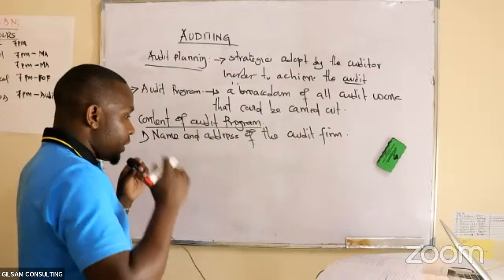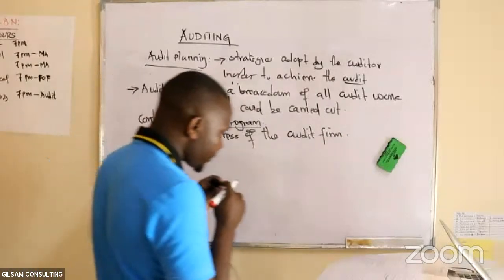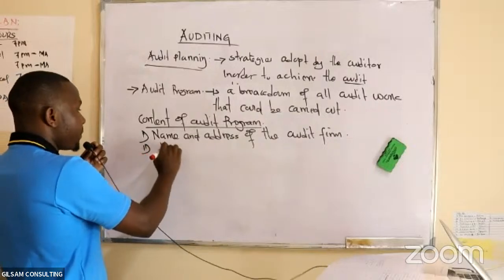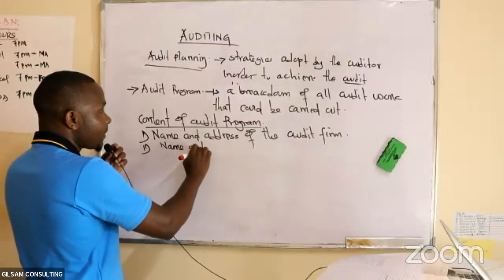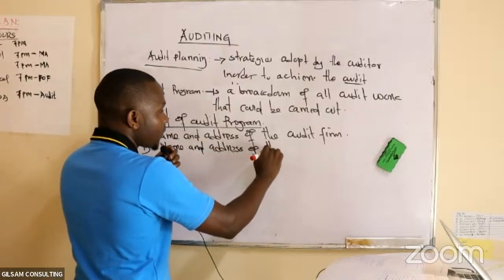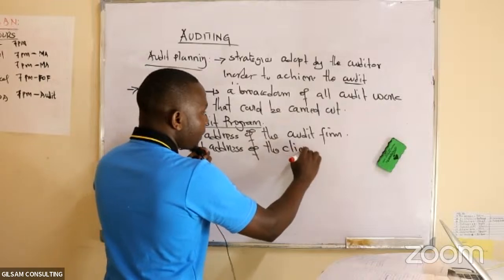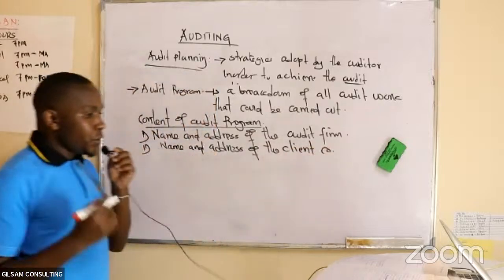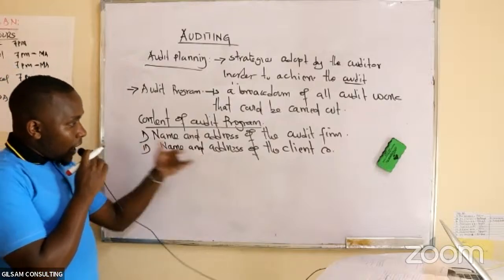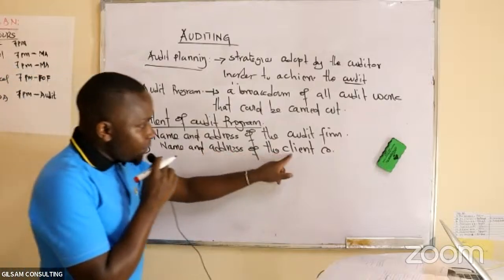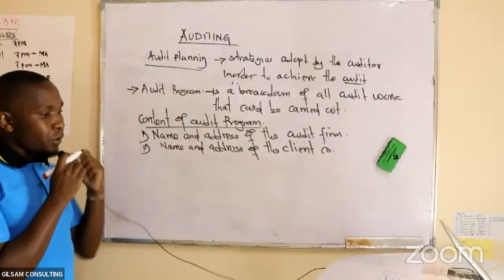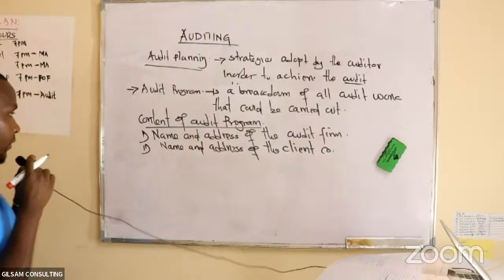Number two, you need to have the name and address of the client company. That is the second content of the audit program.